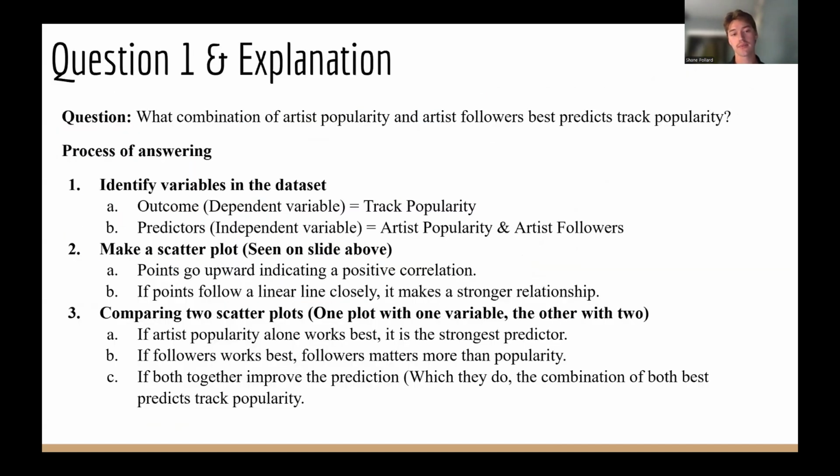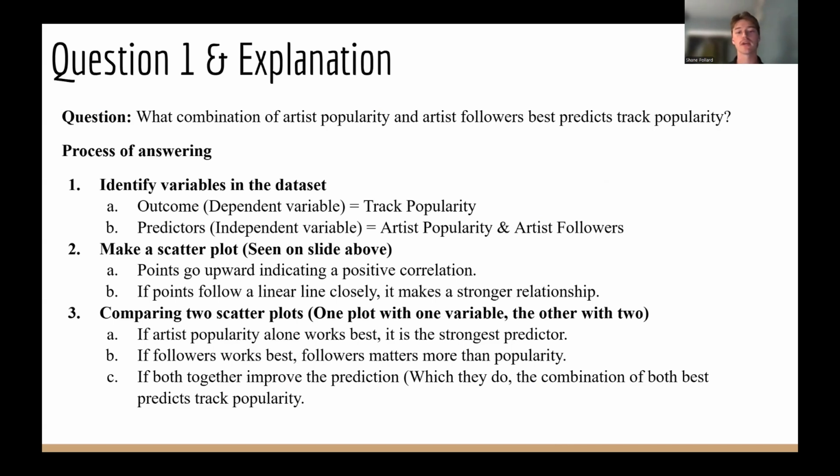And then the question that I picked was what combination of artist popularity and artist followers best predicts track popularity? My process of answering that was finding the outcome of track popularity and using predictors, artist popularity, and followers. As seen in the slideshow above, I made a scatter plot, and since it's pointing all upwards, it's a positive correlation between the outcome and predictors. If points follow a linear line closely, which I did not put on there, but if there was a line going through, that would indicate a strong relationship.